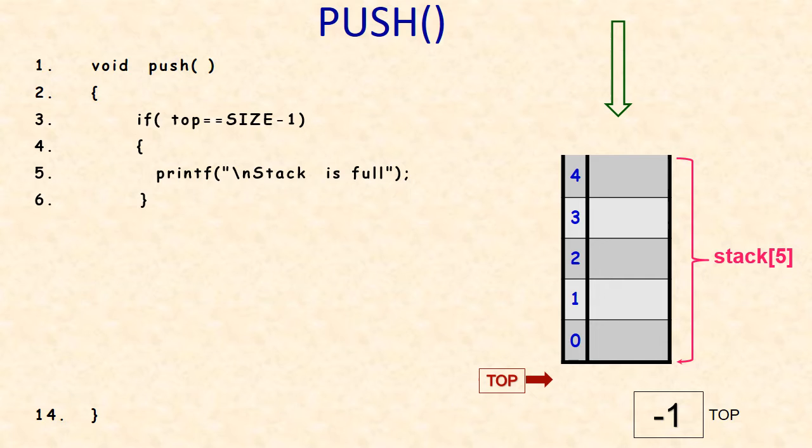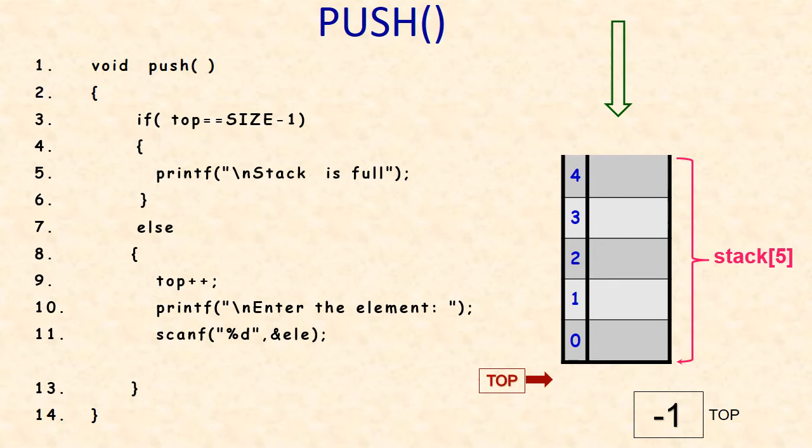Now we come to the else block. I want to insert a new element into the stack from the top. But top is not pointing to any of the indexes in the array stack, so let us increment the top first so that top will become 0. After incrementing the top, read an element using a scanf statement.